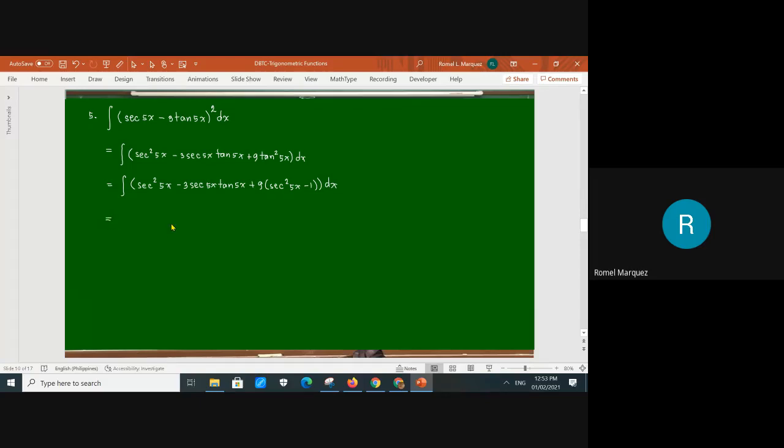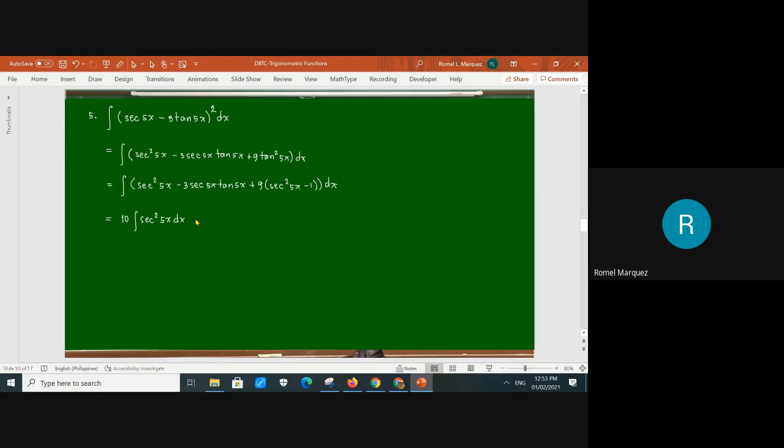Then after that, we apply integration term by term. But of course, you have to combine secant squared 5x first and 9 secant squared, getting 10 integral of secant squared 5x, right?